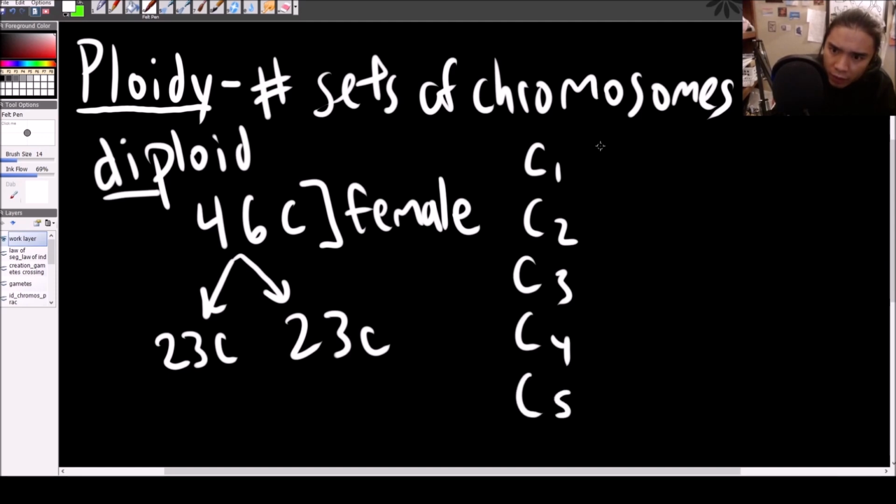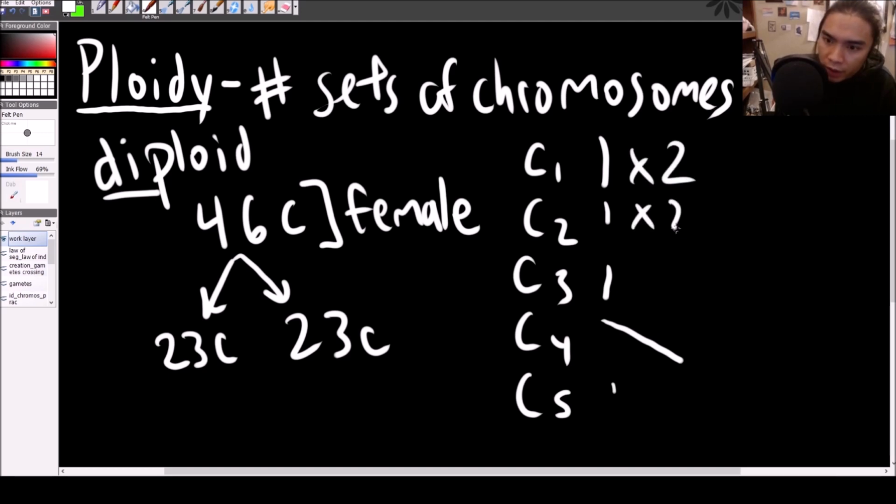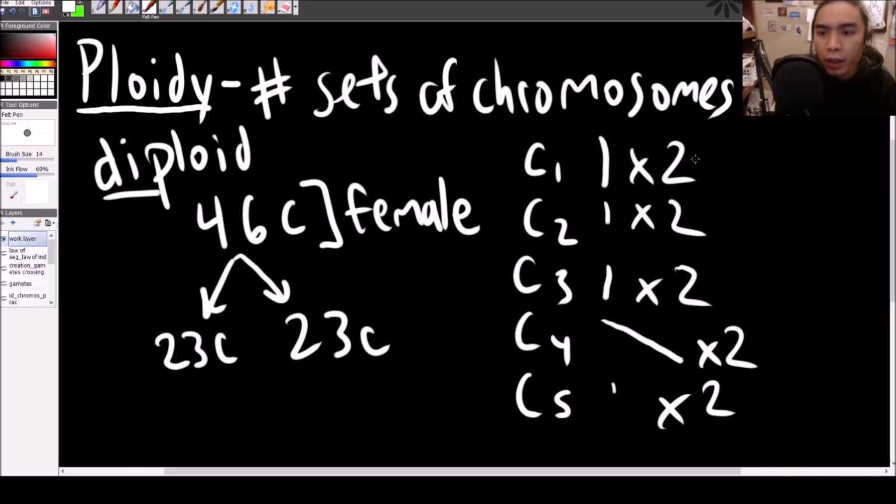So we have chromosome 1, let's say, is about this length, chromosome 2 is about this length, chromosome 3 is about this length, chromosome 4 is about this length, chromosome 5 is maybe like tiny like that. Okay, so we can see that these are all different chromosomes. But because we're diploid, we have 2 of each one. So times 2, times 2, times 2, times 2, times 2.